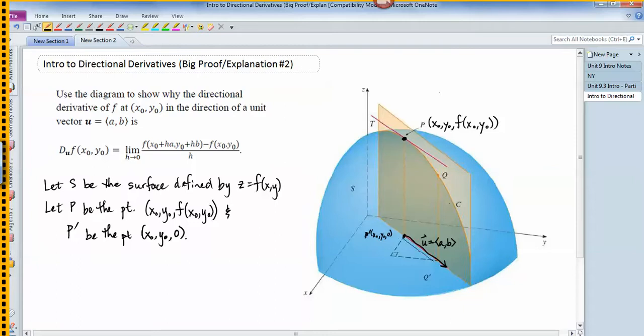Notice there's this C here, the curve C, and it's stuck inside this yellow vertical plane. So, and it turns out that plane can essentially be oriented any way you want as long as it's vertical.